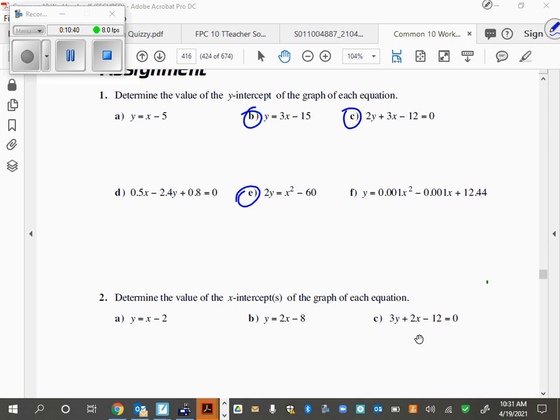Intercept, x equals 0. I don't know why I'm writing these, I can just show you.